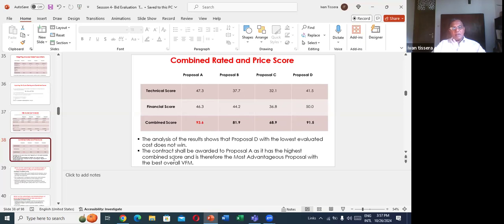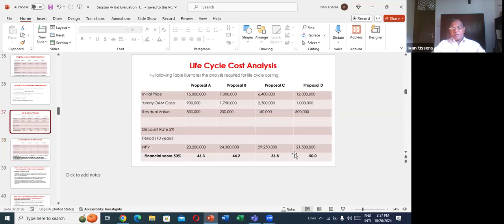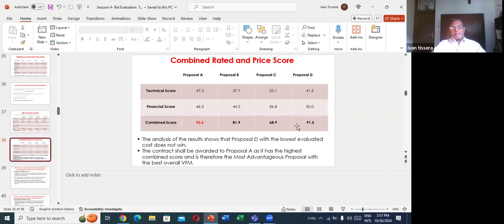The analysis of this result shows the proposal D with the lowest cost does not win. You see, he is the lowest price, 21,500. But his financial score is maximum, 50 out of 50.